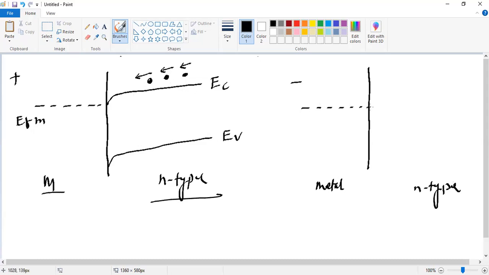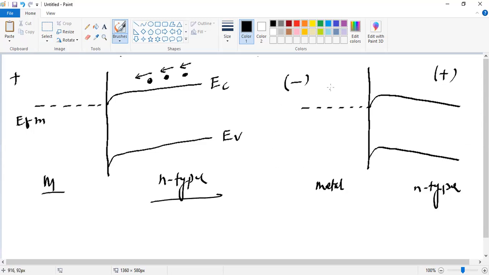Here you will see the variation of the bands will be like this, just the opposite. The bias is now exactly opposite. Here we connected this to the negative terminal and this to the positive terminal, making this N type more positive here, but here it is a little negative.